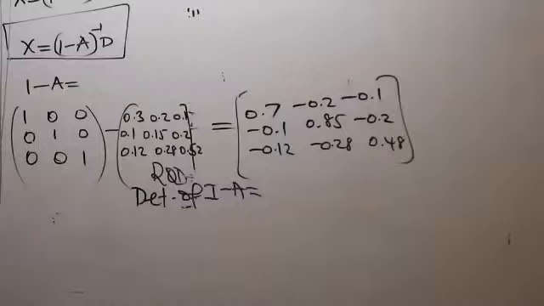So determinant of A, according to the AI tool, is getting 0.219. 0.219. How about Lucy? How about Kadra? How about Match?